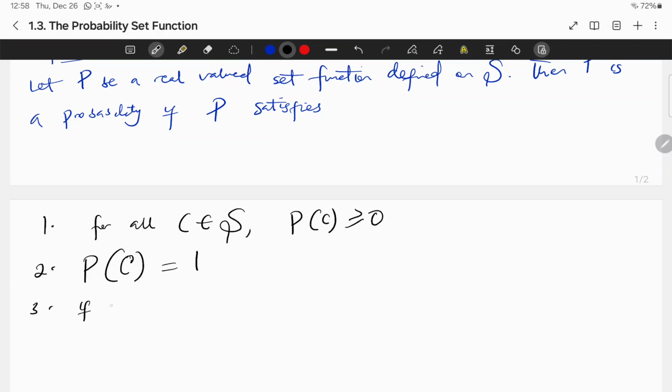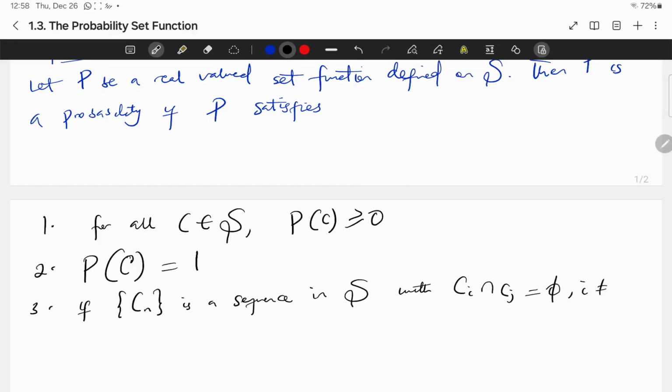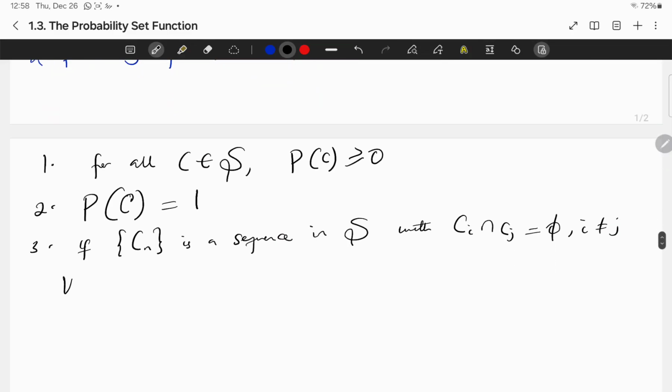And then lastly, if we have a sequence of events in the sigma field and they are disjoint, then the probability of the union from n equals 1 to infinity is equal to the sum of the probabilities.